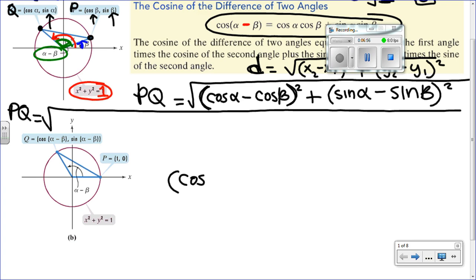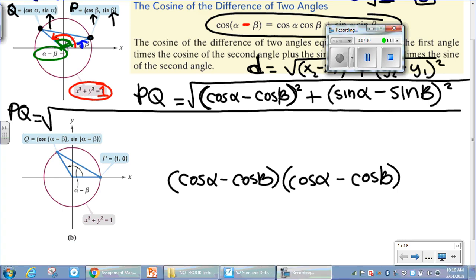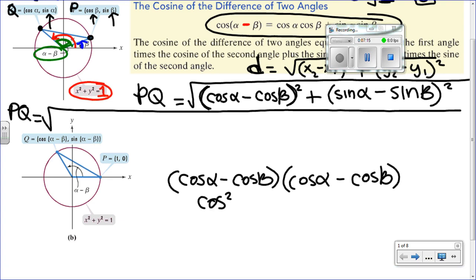So I'm multiplying cosine alpha minus cosine beta by itself. So it would be cosine square alpha. And then if you multiply this one times this one, you will get minus 2 cosine alpha. Just wait. And then we'll use the shortcut after this. This will be the last time I show you the long way.